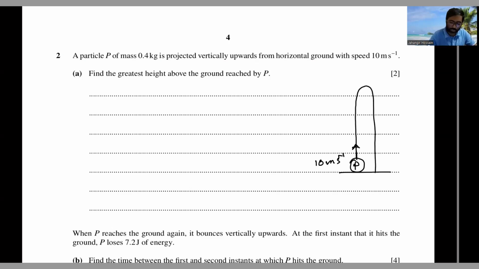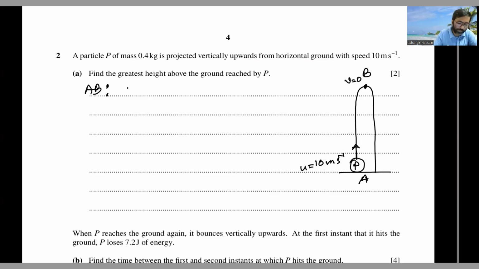Now let's say we have projected it from A and its highest point is B. From A to B, v equals 0. What are the quantities we know here? We know u, we know v, and we know the acceleration due to gravity, that's minus 10 since it is projected upward. And we have to find s, the distance.